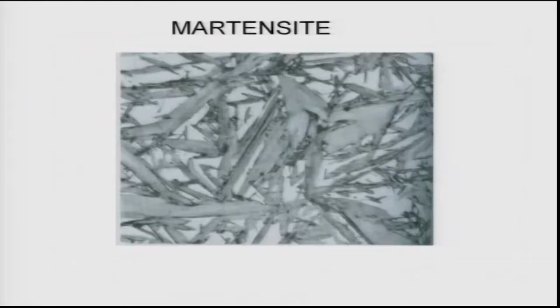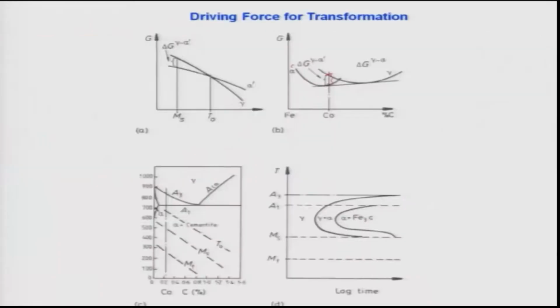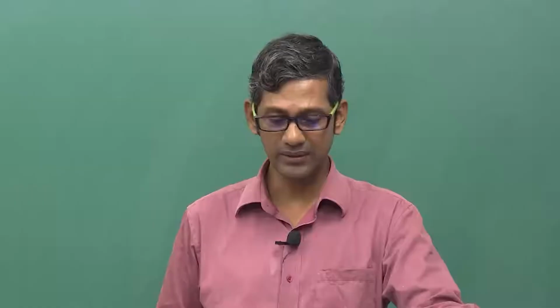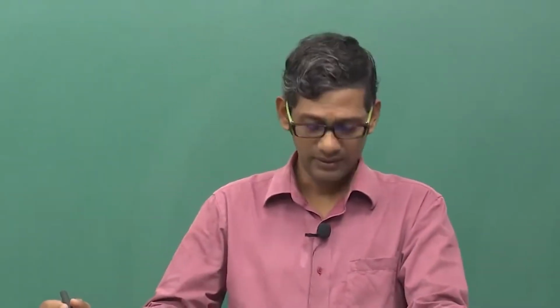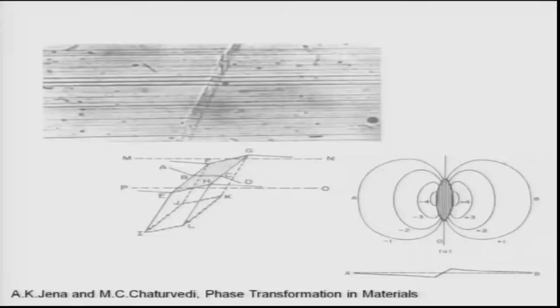Now, I came to know that these things can be easily discussed using a nice analogy, and that analogy is there in the book of Professor A.K. Jena and Professor M.C. Chaturvedi, and I am taking the example directly from this book.